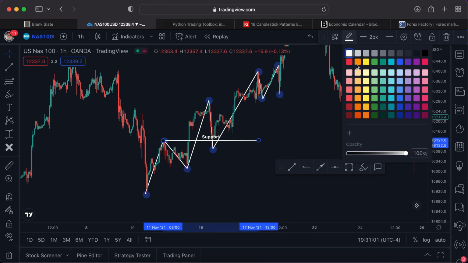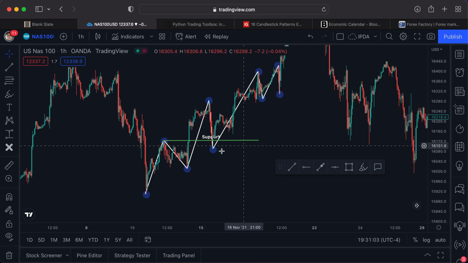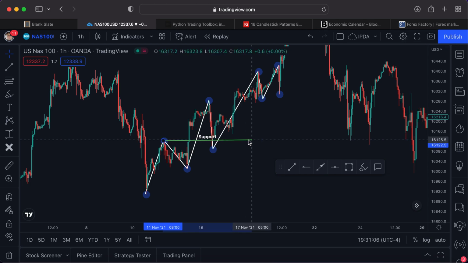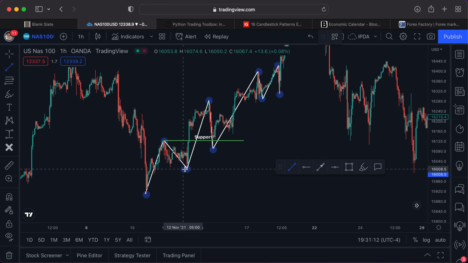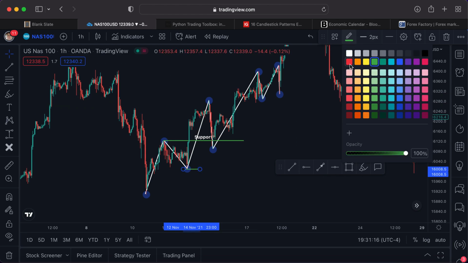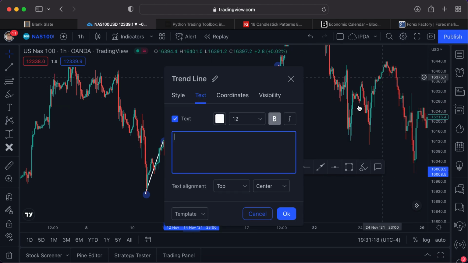So let's go ahead and mark it green. This is our support level based on price action. Right? And this right here is our protected low. Right?